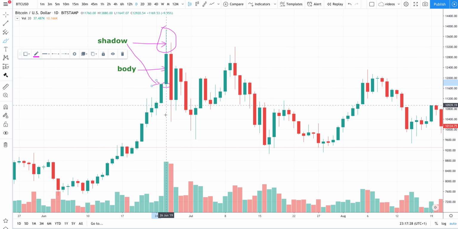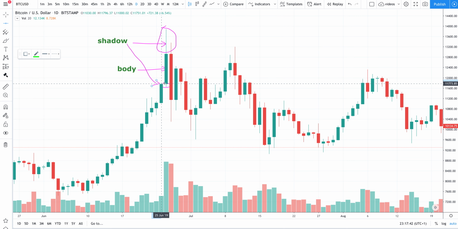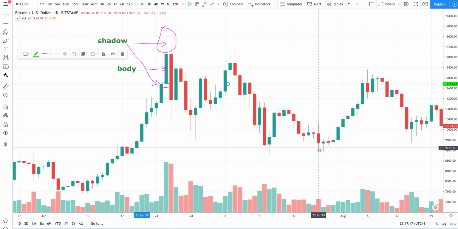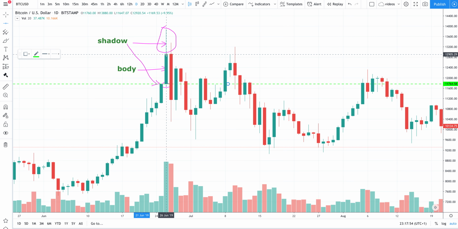So a green candle is when price opened at a specific value and closed at an upper value. So in this case, here you can see the open price is 11,764, and the closing price is 12,905.